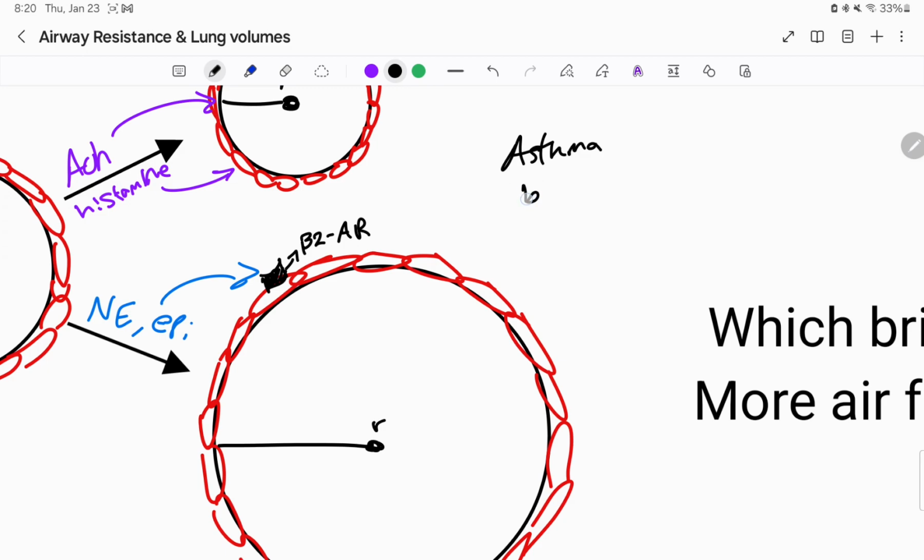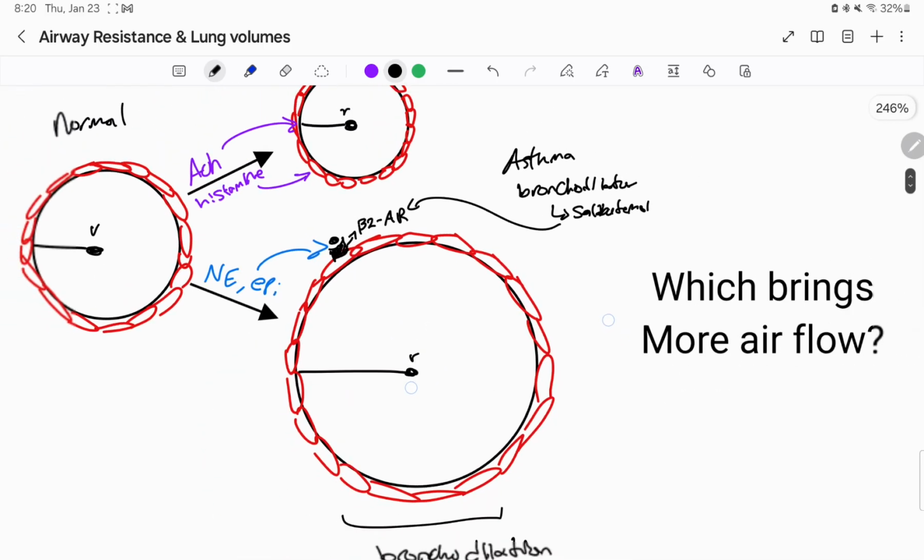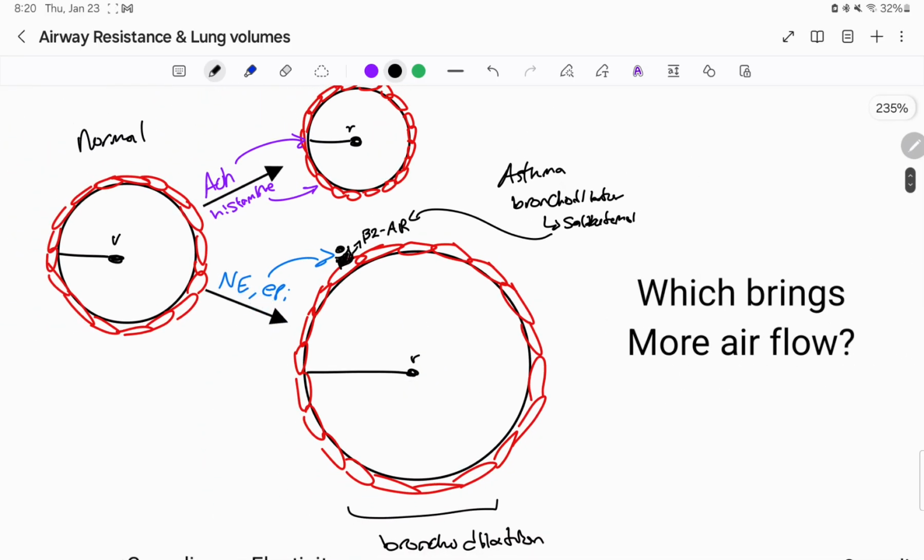So you guys had puffers, like bronchodilator puffers, like salbutamol, for example. These guys are beta agonists, specifically beta 2 agonists. They basically act like norepinephrine and epinephrine, and they bind here, and they actually cause a dilation of the airways. Okay, so that's what norepinephrine and epinephrine do.